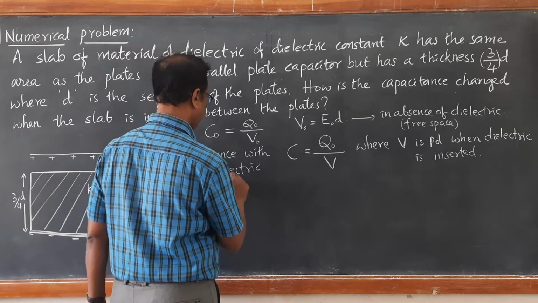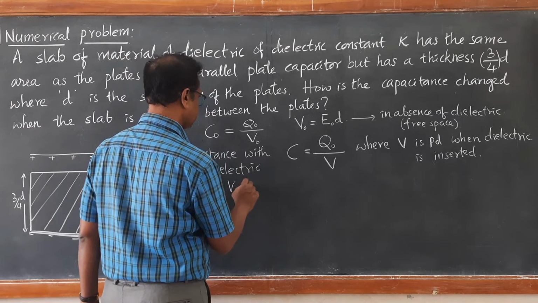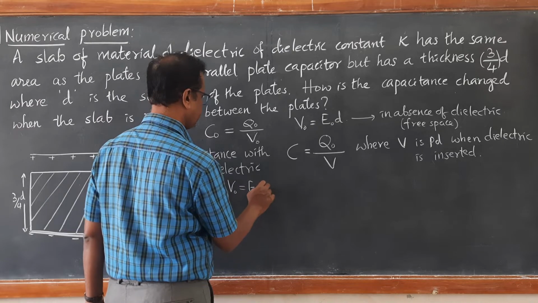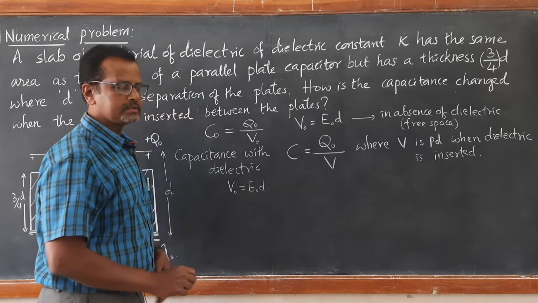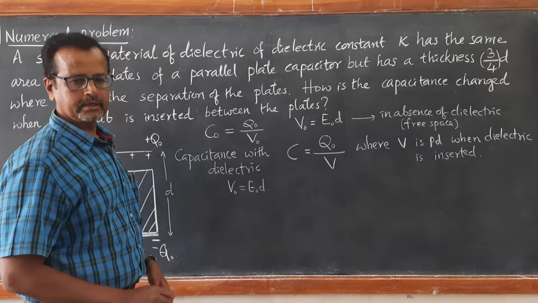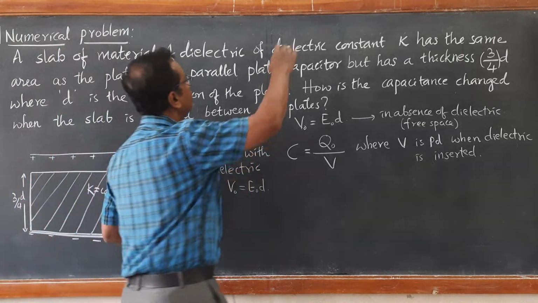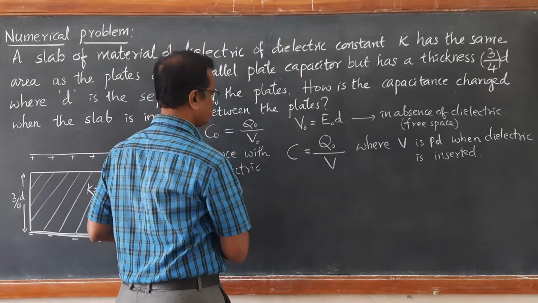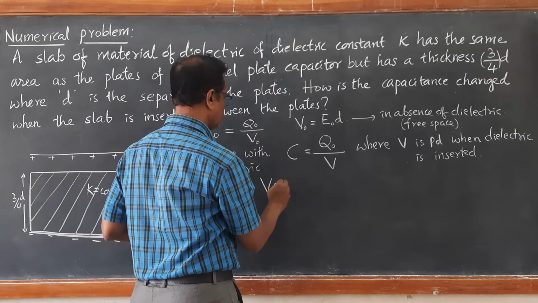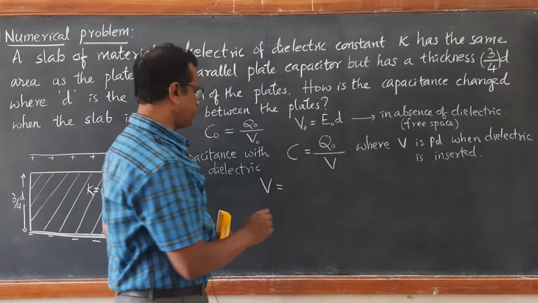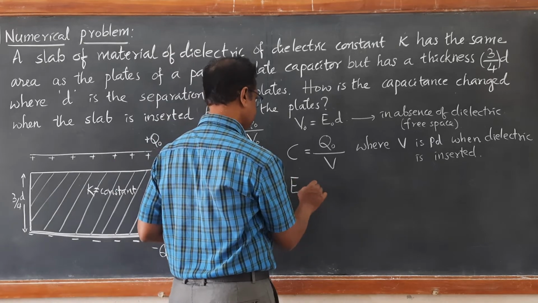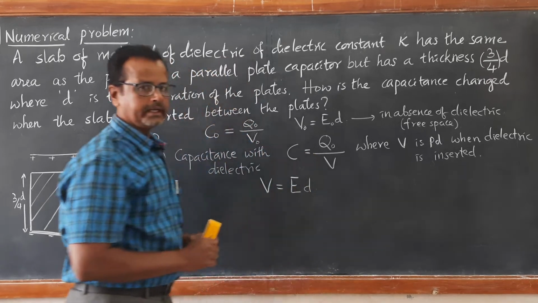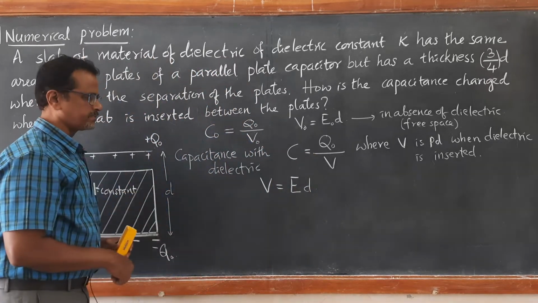We know V naught is equal to E naught into D, right. So, with this we will write V equal to E into D, where D is the total distance of separation.